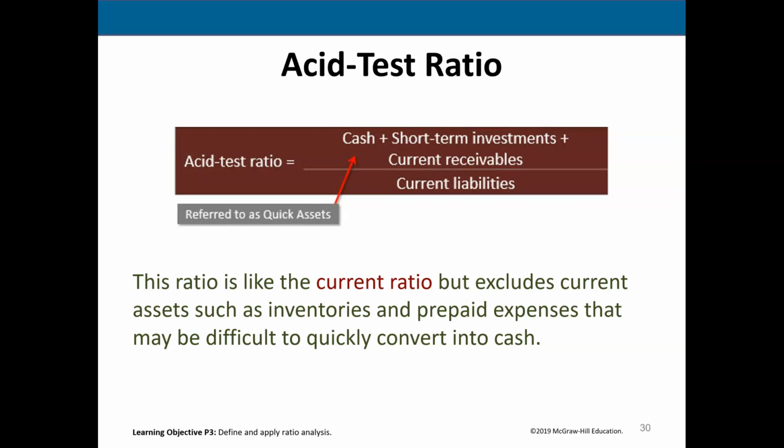It is your cash, short-term investments, and current receivables. Basically, you take the number you would use for the current ratio, but you take out your inventories and you take out your prepaid expenses. Your acid test ratio is always going to be smaller than your current ratio, and it's more stringent.